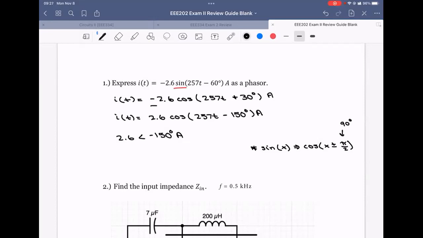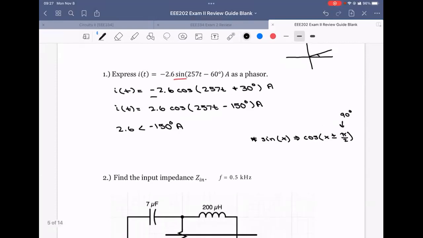Is it plus or minus pi over 2? Yes, it would change it either way. If we drew it out and had the 30 degrees out here, and we subtracted 90, oh yeah, sorry, it was negative 60.